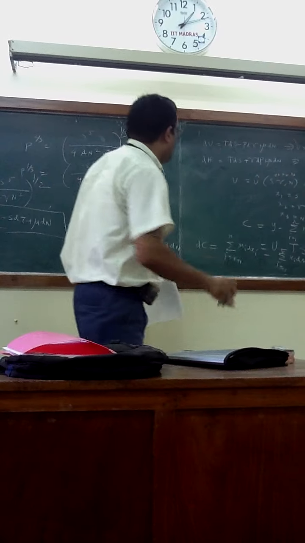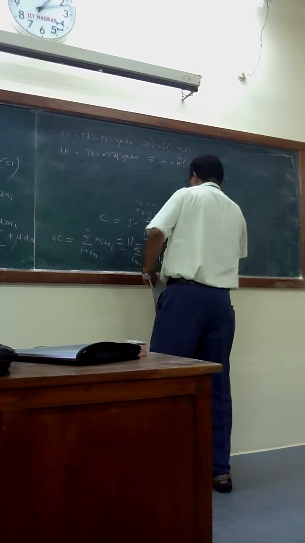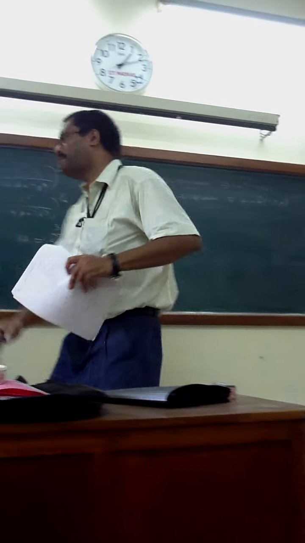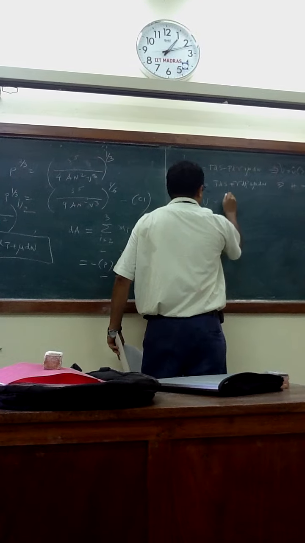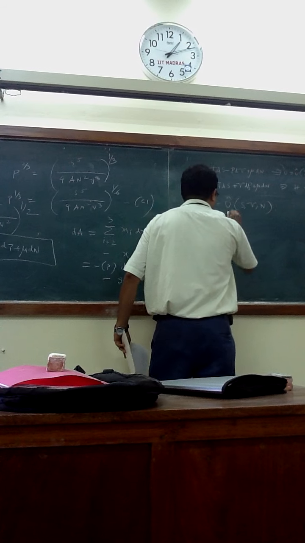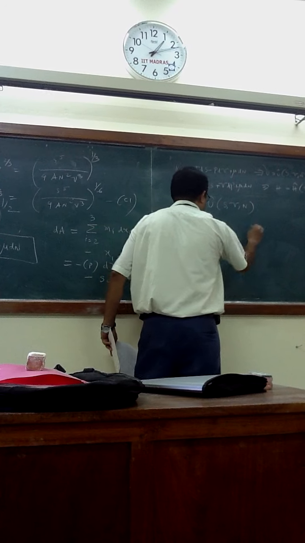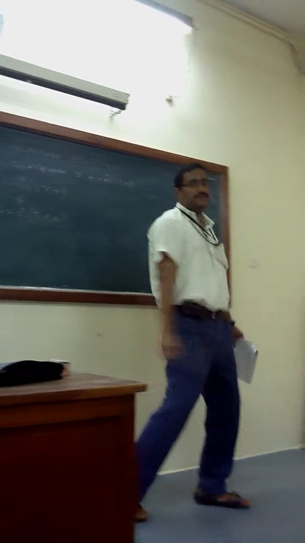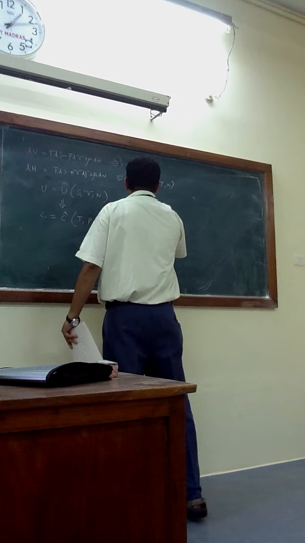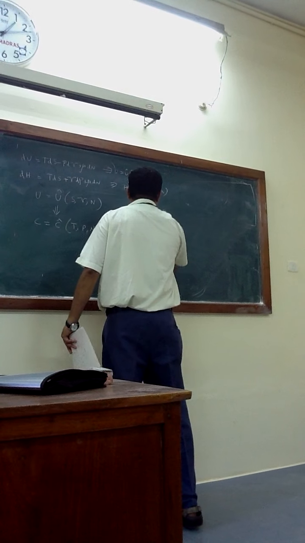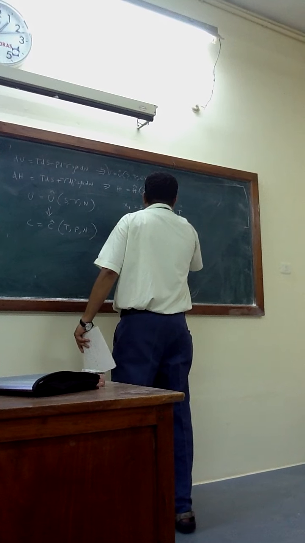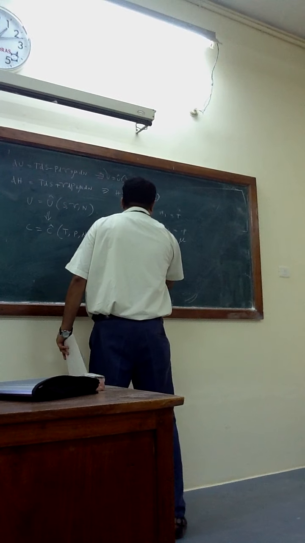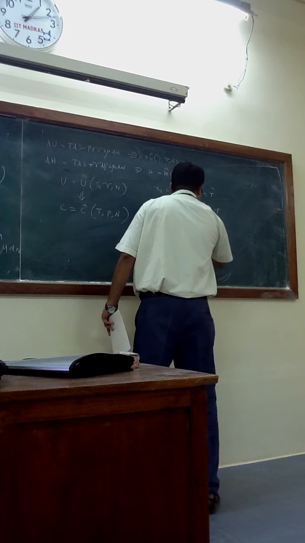So we write down here: U, you had S, V, N; I am going to have a new function, G hat, of T, P, N. X1 is S, X2 is V, X3 is N, M1 is T, M2 is minus P, M3 is mu. G equals Y minus summation i equals 1 to r of m_i x_i.